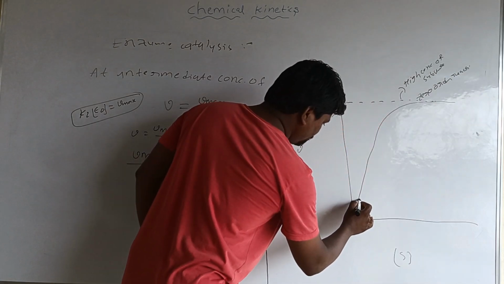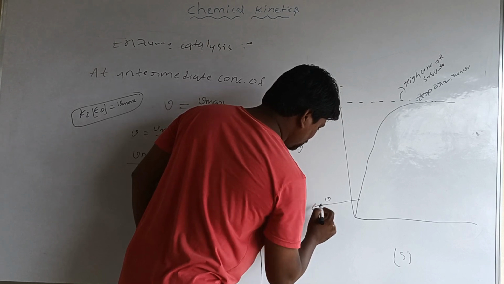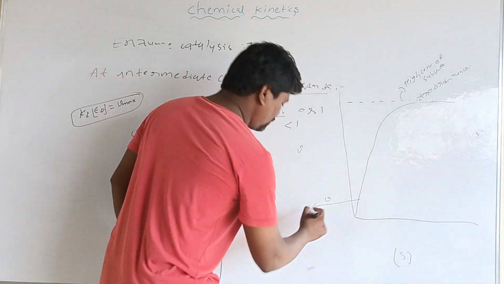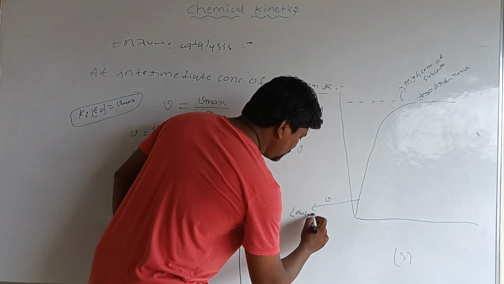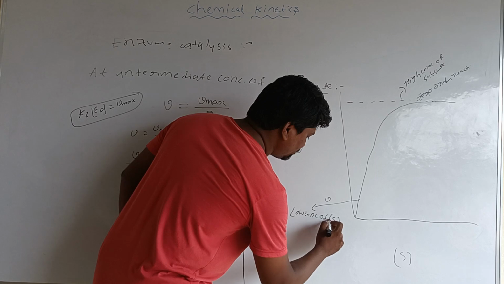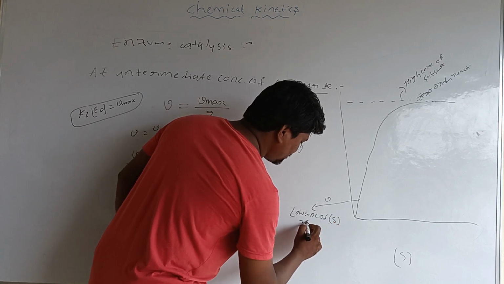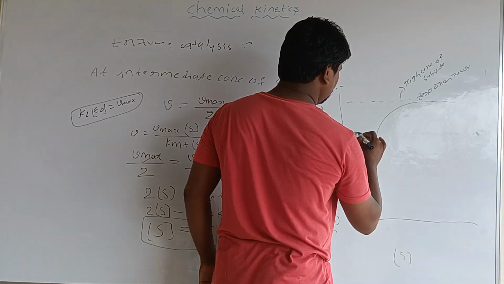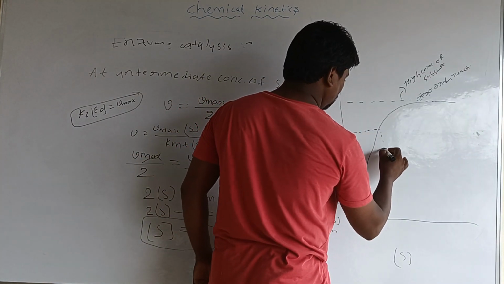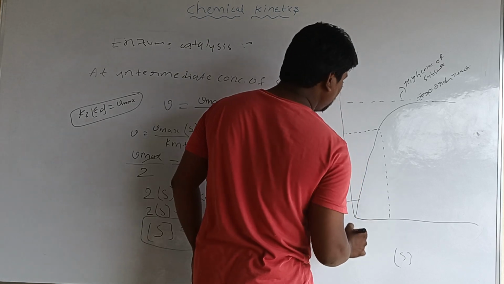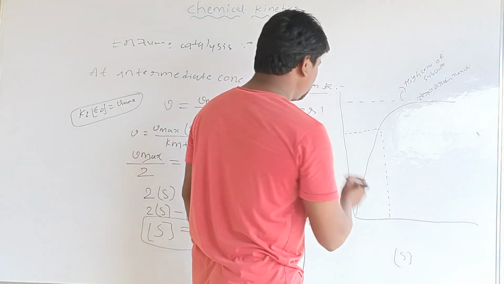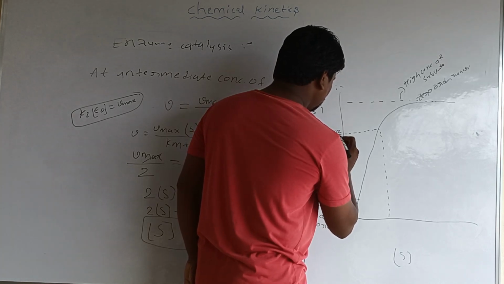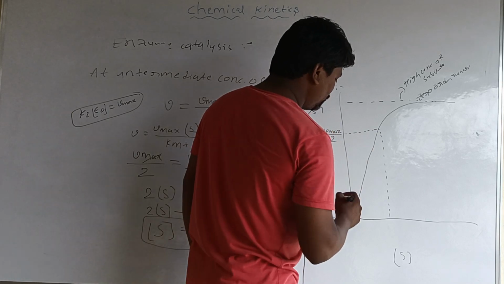This one is mu. First order reaction at low concentration of substrate. First order reaction. This is the intermediate concentration, nothing but mu is equal to what? Mu maximum by 2.